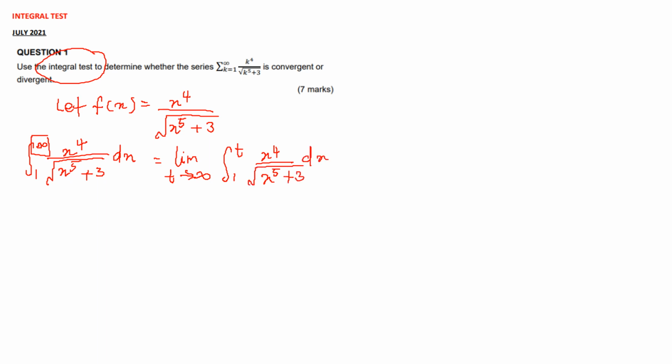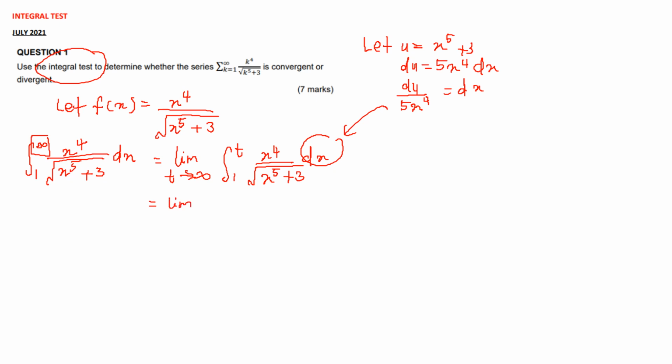So to solve this integration, we can let u equals x power of 5 plus 3. You will get du equals 5x power of 4 dx, because we want to substitute back into this one. Okay, don't forget to copy back the limit t approaching infinity, 1 until t, x power of 4 over the cube root of u squared, and then dx is du over 5x power of 4.